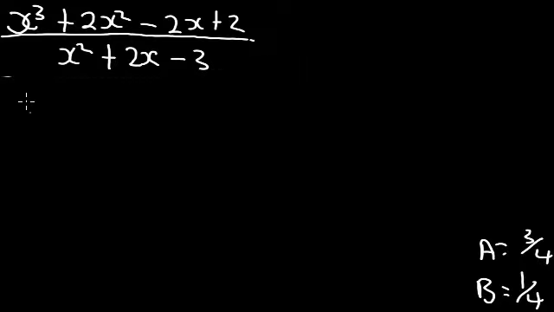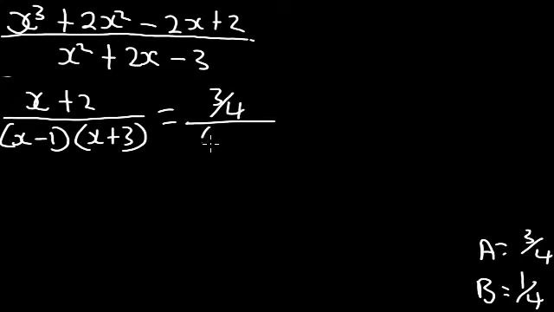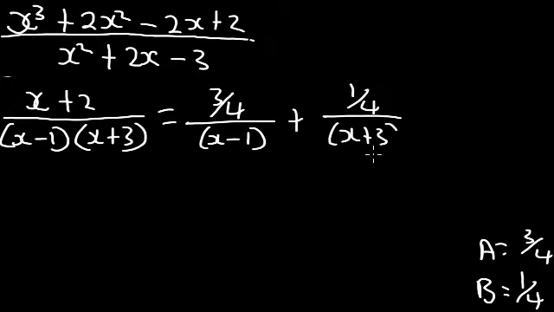Therefore, the fraction x plus 2 divided by x minus 1 multiplied by x plus 3 can be split or decomposed into 3 over 4 divided by x minus 1, plus 1 over 4 divided by x plus 3. Perfect.